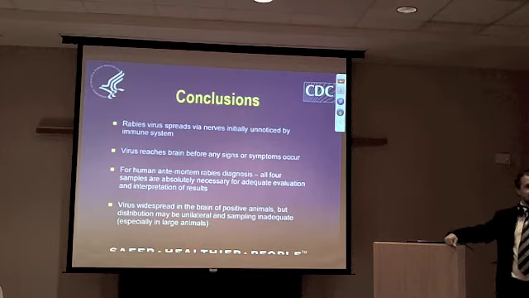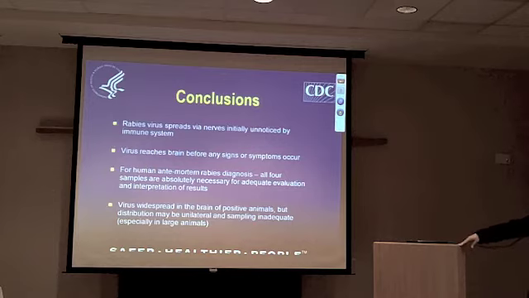But at the same time, these neutralizing antibodies are neutralizing virus, mostly in the periphery. So if we test only some peripheral tissue like skin, there is no virus detected, and sometimes not even in saliva, because it's being neutralized by antibodies. And in those cases, we can detect antibodies in serum and CSF.